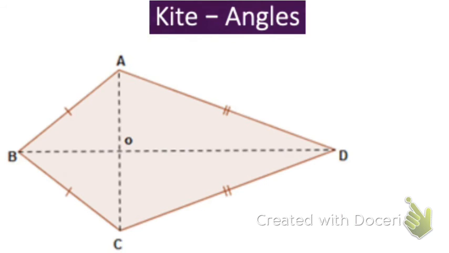Let's talk about the angles here. This is in your note packet. I said one pair of opposite angles are congruent. They're going to be between the consecutive sides that are not congruent. These consecutive sides are congruent, A to B, B to C. These consecutive sides are congruent, A to D, D to C. So between those pairs, angle A and angle C are congruent.